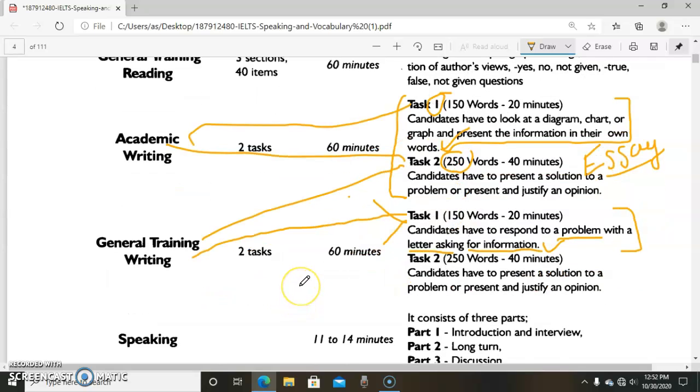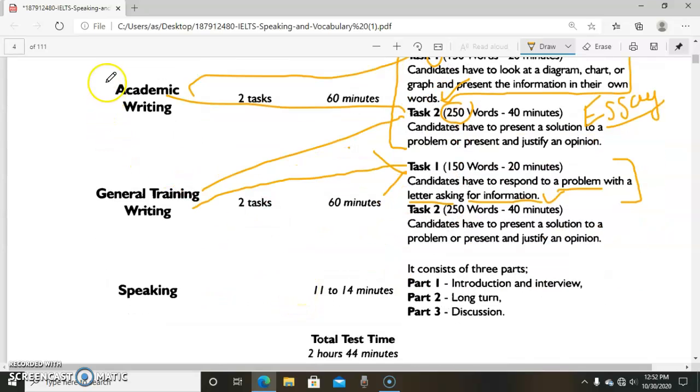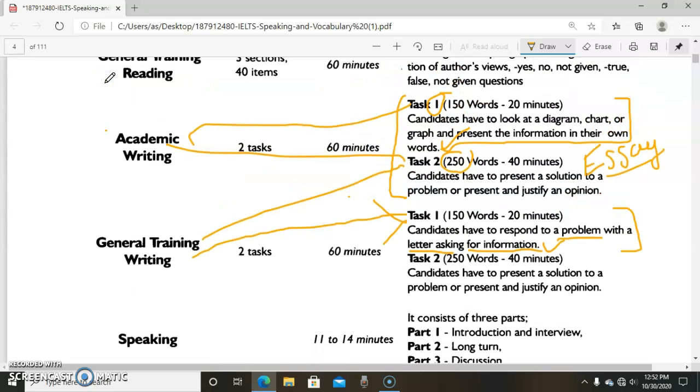This is Task 2. That's the academic writing and general training writing. Both of them have 2 tasks, okay? And the 2 tasks are testing your writing ability, your language ability, your accuracy, your cohesion and coherence.